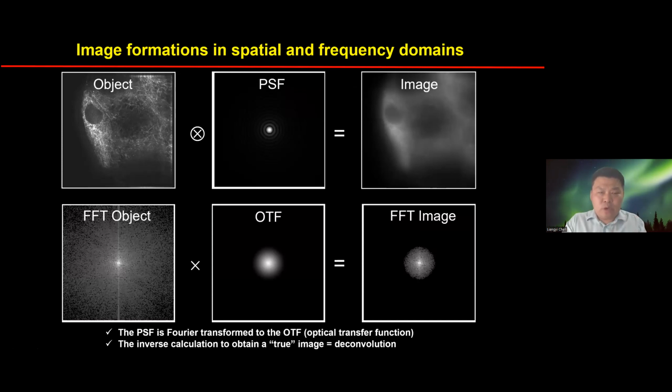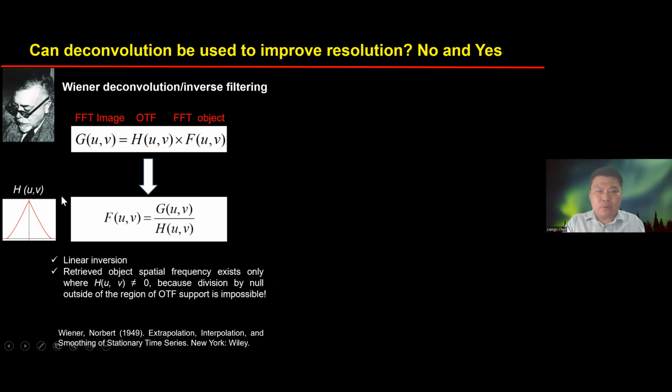If we talk about the frequency domain, then the imaging process becomes the Fourier transformation of your object, or high and low frequency information, multiplied by the OTF, optical transfer function. And because your optical transfer function outside of the support region is all zero, it's basically a low pass filter. So outside of the support region, there's zero information.